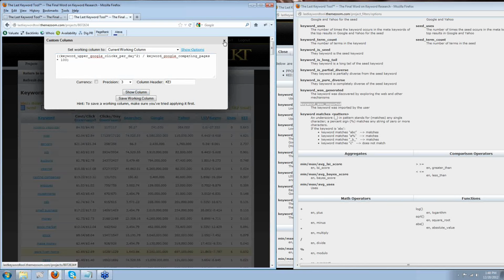I took that same idea, the clicks per day, times 100 squared, to really emphasize that number, and divided it by the competing pages. And then all of this is in the divisor, the competing pages times Larry. The reason I multiplied it by Larry was because I only wanted those things, so if it's thematically relevant, I wanted it to be even more important.